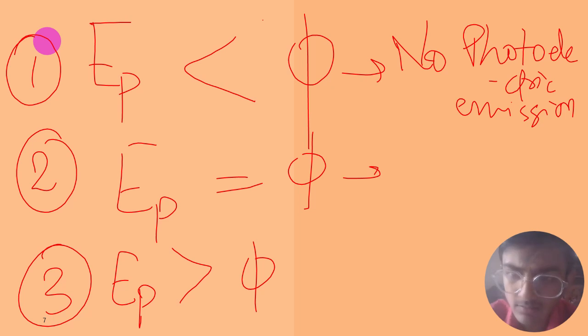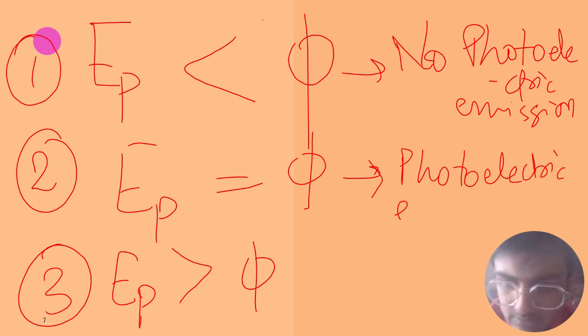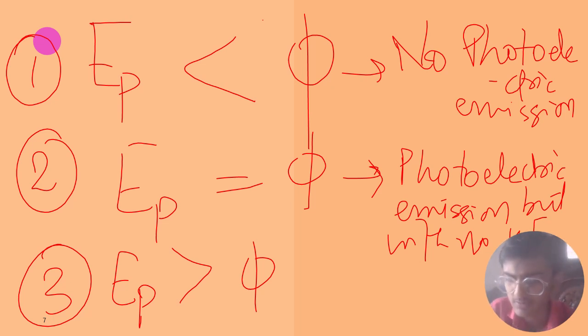So here we will have photoelectric emission, but there is an important point with this: photoelectric emission will occur, but with no kinetic energy. It means the electron will just be ejected with no kinetic energy, with kinetic energy equal to 0.